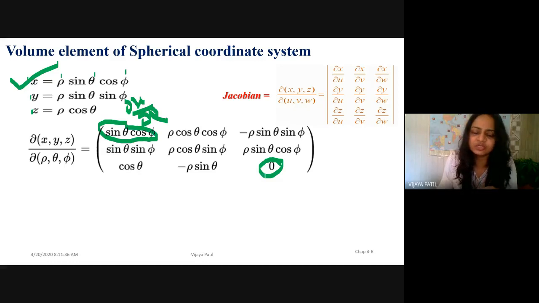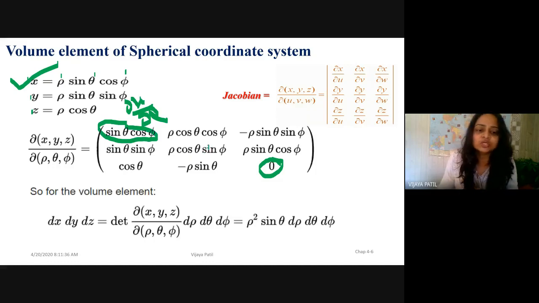My suggestion for you all is to take x, y, z and solve this Jacobian. After solving this Jacobian, you're going to get the determinant, because I need to find the value of this Jacobian. And the value of this Jacobian, you will get as rho squared sin theta.